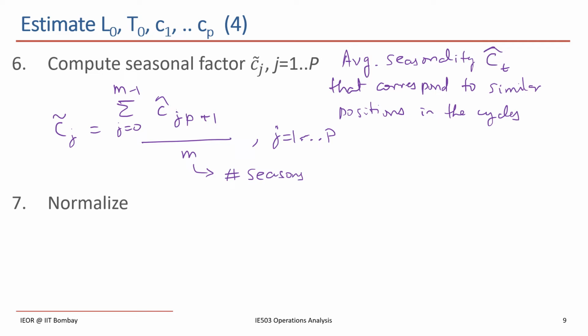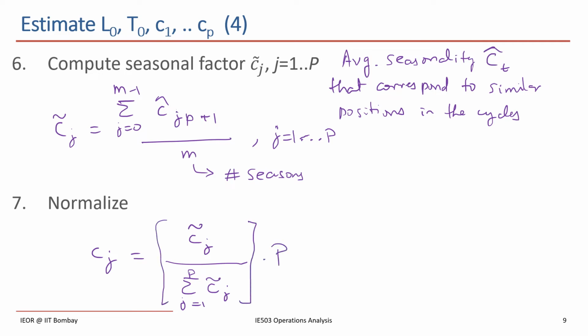Now the last step, where we're going to normalize the data so that the property that the summation of all the c's is equal to p is met. To do that, I'm just going to divide each of the cj's by the sum of the cj's, j equal to 1 to p, into p.